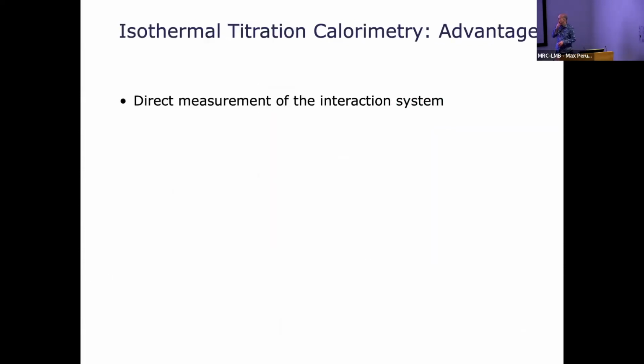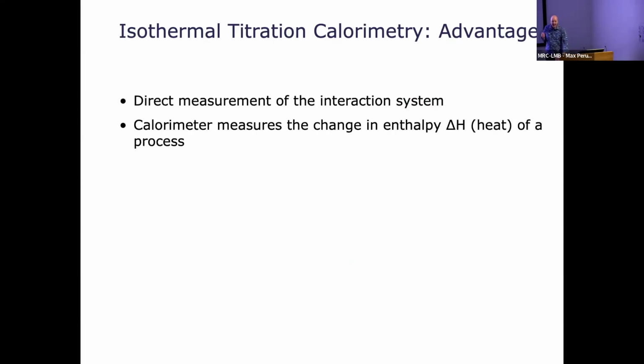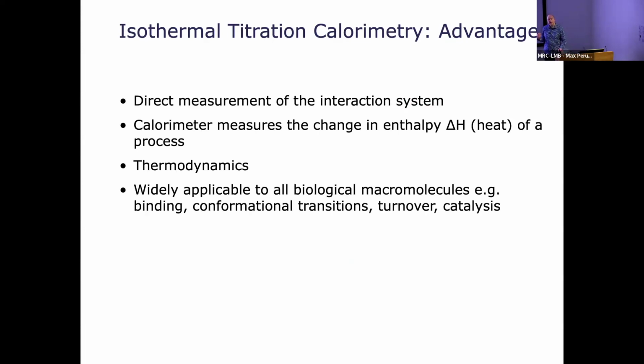Okay, so the good thing about it is it's a direct measure of the system. You're getting that heat out of the process. You can then interpret the thermodynamics, and basically for anything that will go together, hopefully you can measure heat. And I'll show you an example of a very unusual experiment Chris did recently.